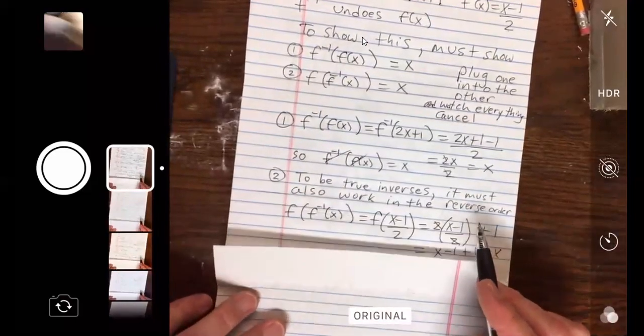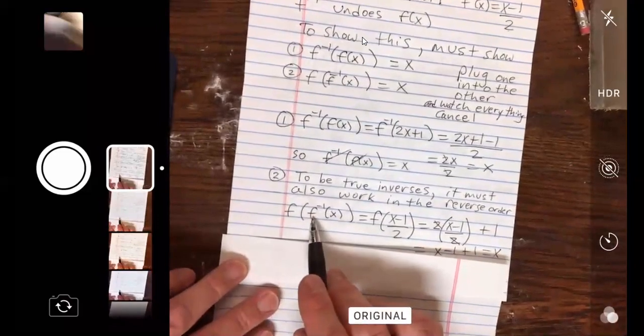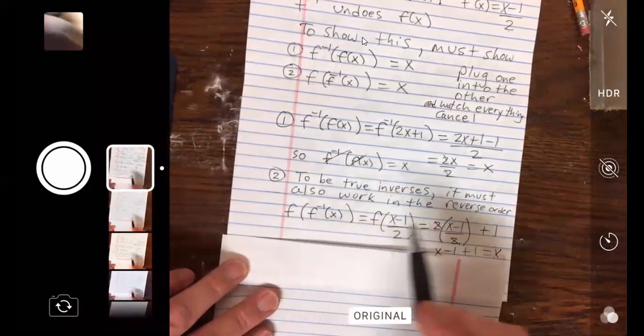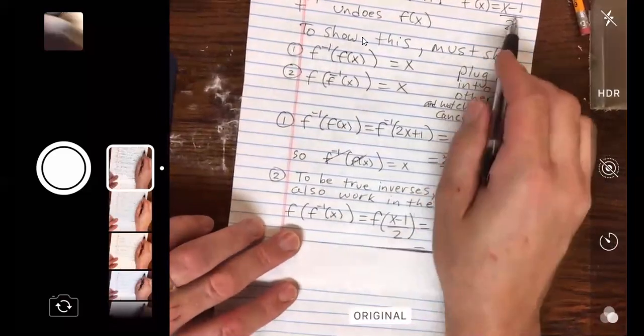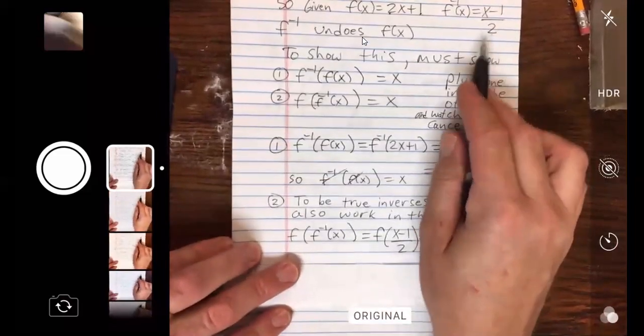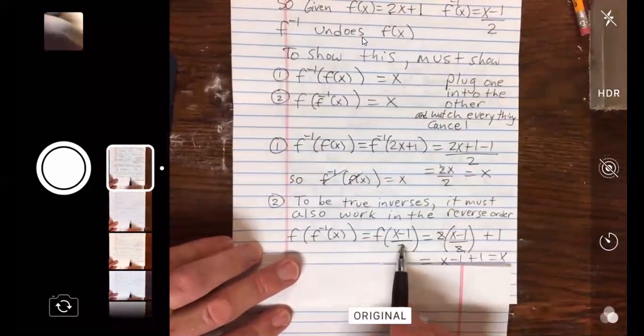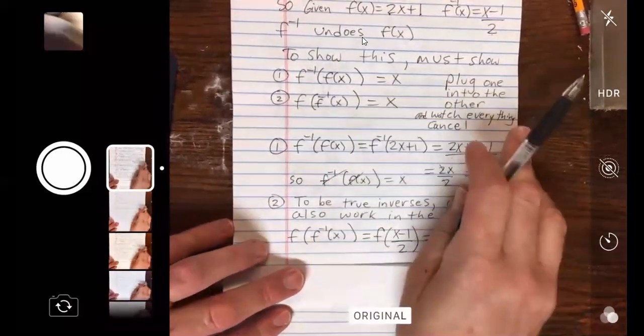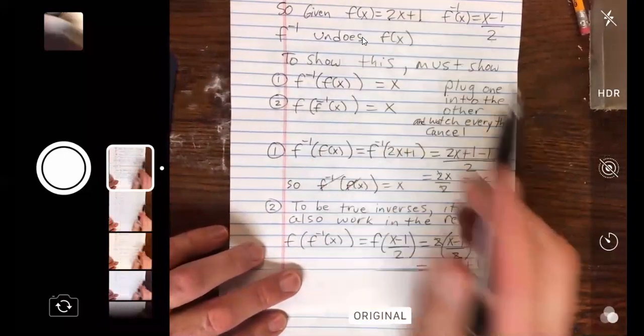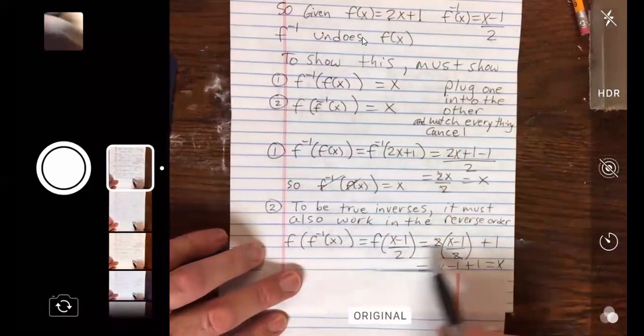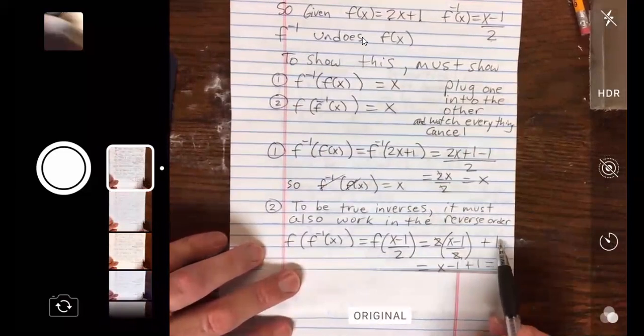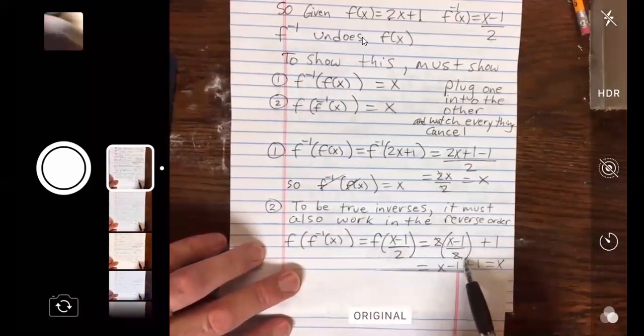So in reverse order, so to be true inverses, it's got to work in the reverse order. So that means f of f inverse of x. So I put in the f inverse in here, plug this formula into the f, and the f says double the x and add 1. So I'm going to double this and then add 1. 2's cancel, that undoes.